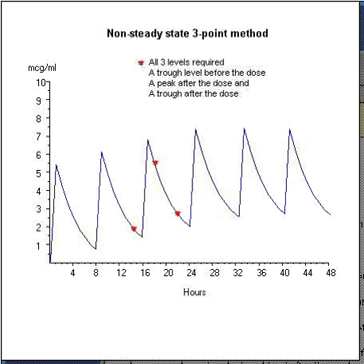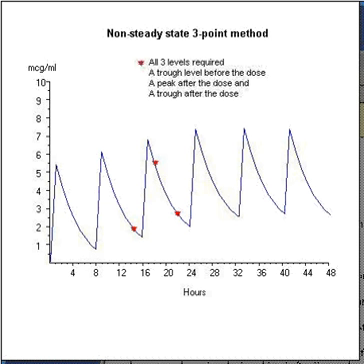Another non-steady state method is the 3-point method, actually 3 or 4 points. It involves drawing a trough, then giving a dose, and then drawing a peak, and then another 1 or 2 levels after that.